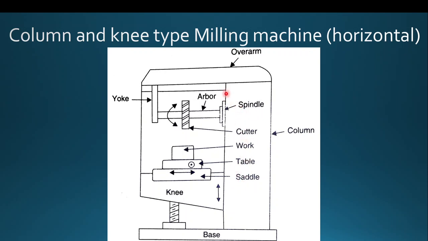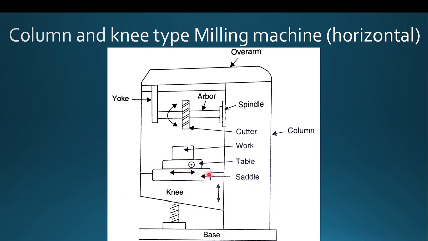The column is a cast housing which is used to hold the driving unit and other mechanisms. The front face of the column is provided with a vertical guide way which enables the knee to move in upward and downward direction. One side of the knee is meshed with the slide way provided on the front face of the column, and above the knee we have a horizontal slide way which is used to move the saddle.